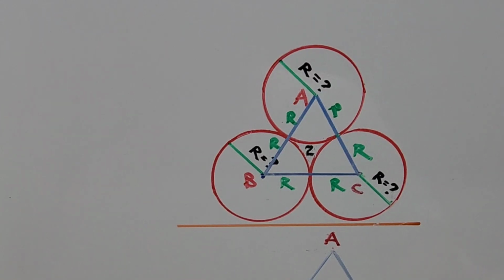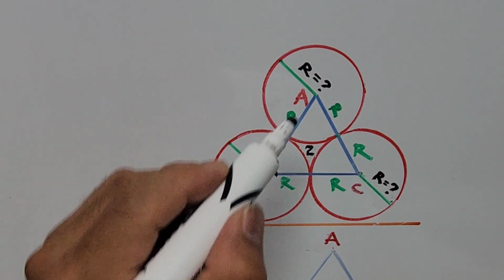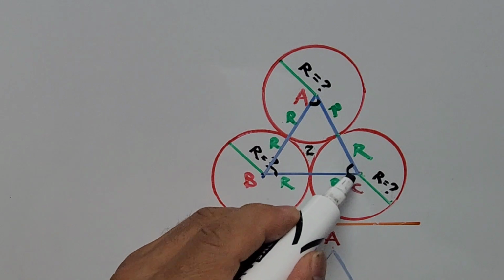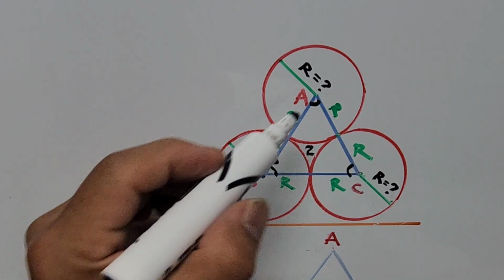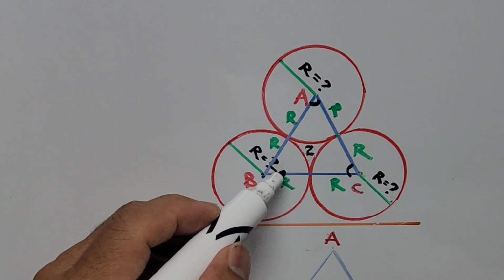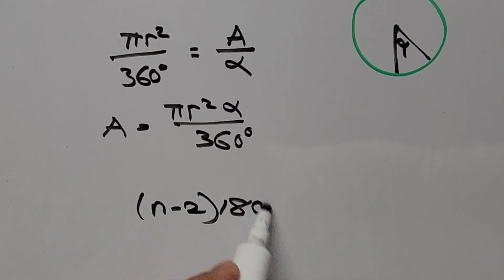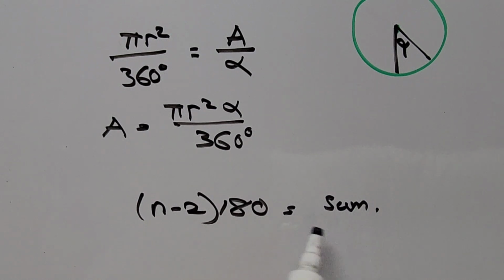Since we have here an equilateral triangle, we have the 3 angles over here, that is 180, the total of all these 3 angles. So that means each angle right here is 60 degrees. So from the formula of finding the internal angles of polygons, we have n minus 2 times 180 degrees is equal to the sum of all interior angles.